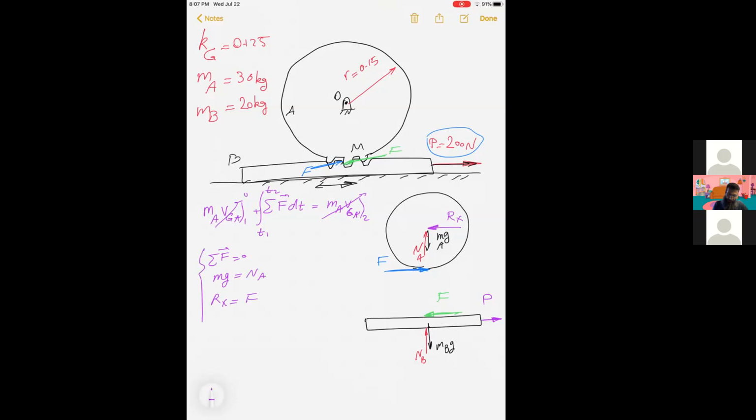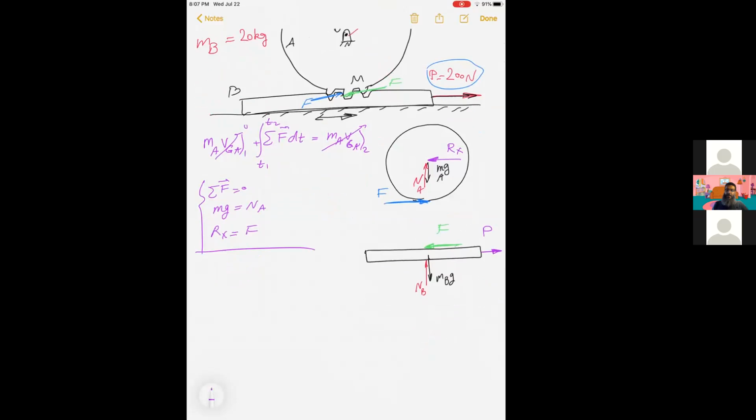Now, if I write the angular impulse momentum for the gear, here's what I have. I can write I about O omega 1, oh, I don't need that thing, plus the integration of the summation of moments about O dt from t1 to t2 is going to be I about O omega 2. So this is a meaningful equation, right? What creates moment about O?